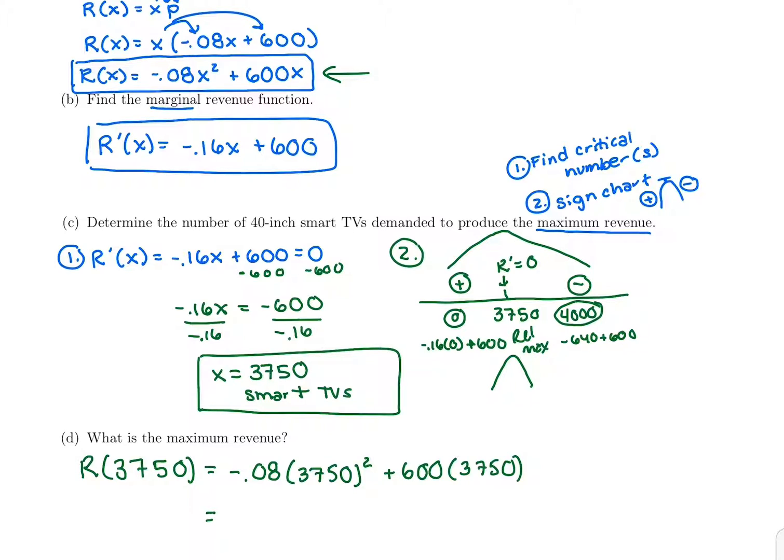Just grabbing my calculator, I'm getting $1,125,000 for their maximum revenue. So we would say they should produce 3,750 TVs for a relative max revenue of $1.125 million if we were asked to write a sentence.